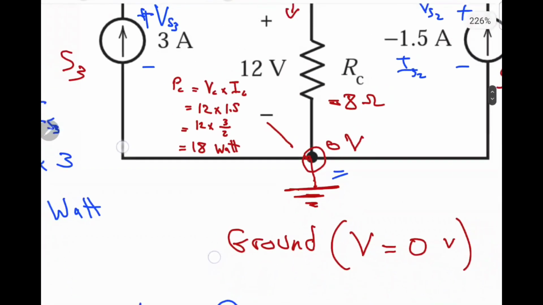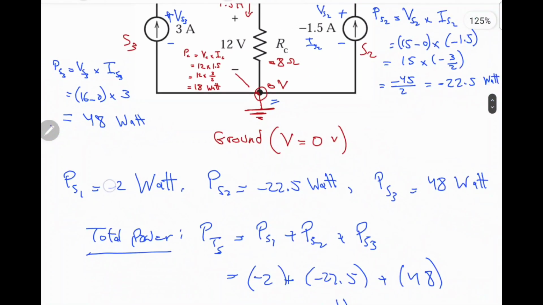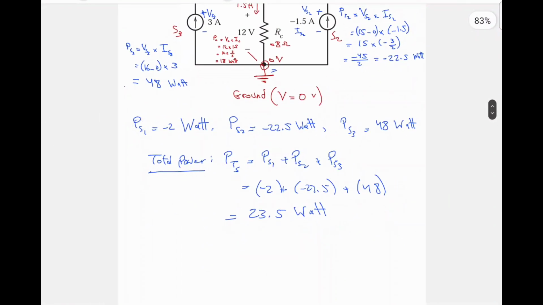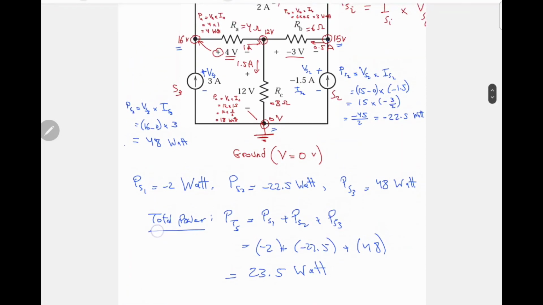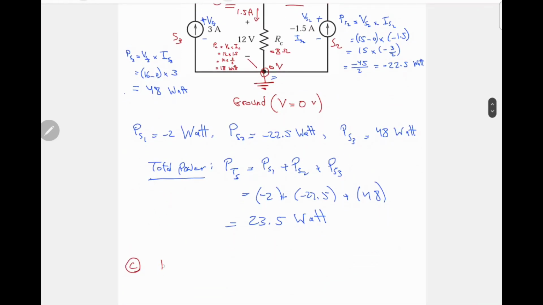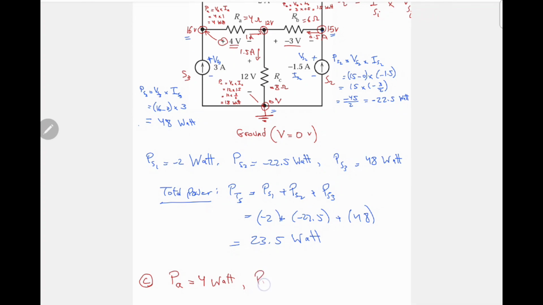So now, to summarize, we have the power PA is 4 watt, and PB equal to 1.5 watt, PC equal to 18 watt.